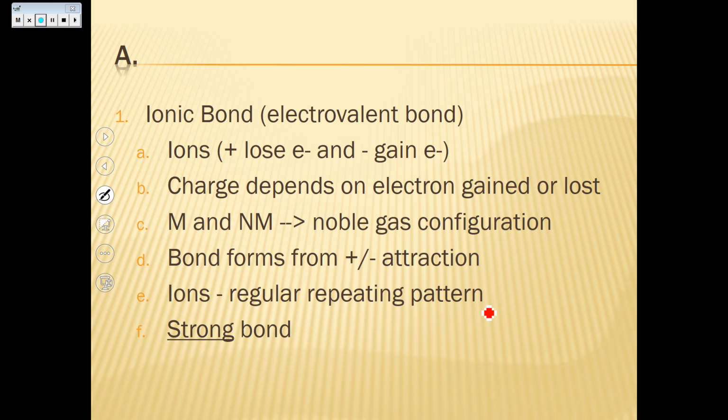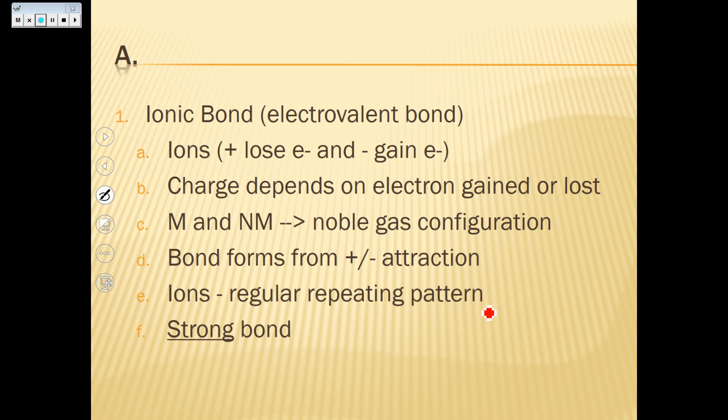An ionic bond, which is also called an electrovalent bond, consists of ions: the positive ion that loses its electrons and the negative ion that gains those electrons. The charge depends on the electrons gained or lost.